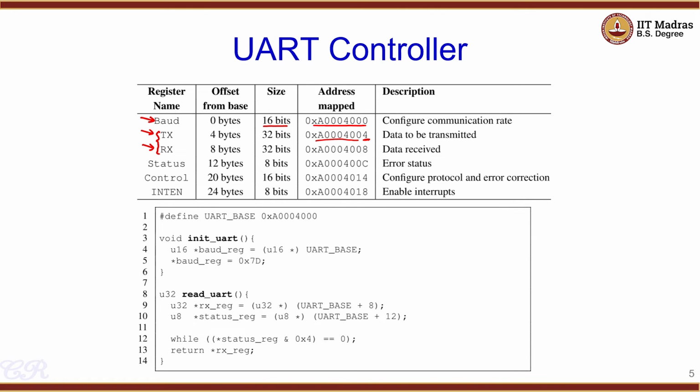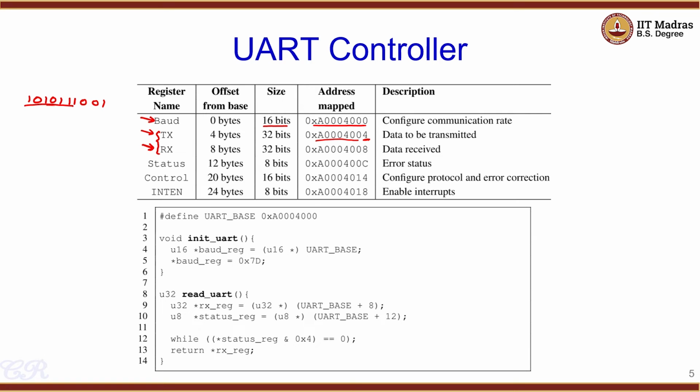So let's say I want to transmit some sequence of binary bits, maybe 8 bits at a time or 32 bits at a time. The CPU would write these binary bits into the TX register, right. Now, the UART controller reads the data present in the TX register and sends this data bit by bit over the serial interface. In a similar way, we also have an RX register, right.